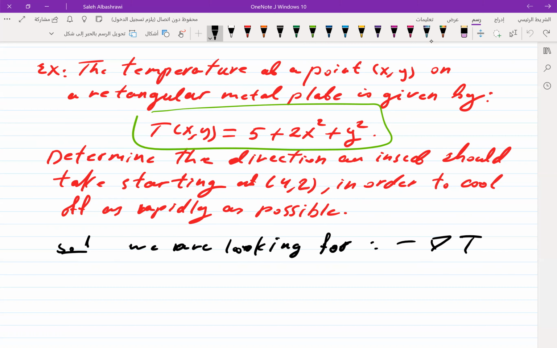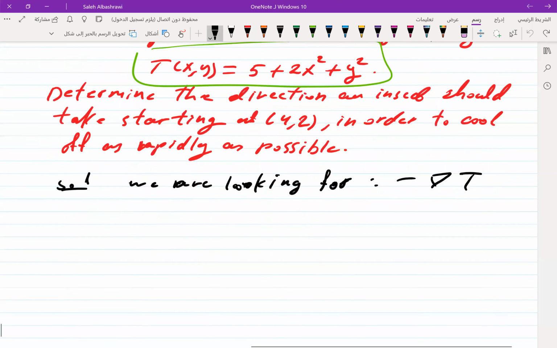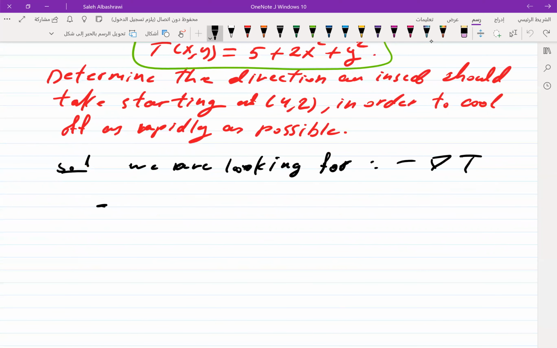So we need to find minus the gradient of T.